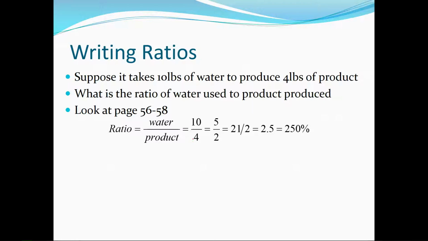If you simplify that down to 5/2 or 2.5, it takes 2.5 pounds of water to make 1 pound of product.